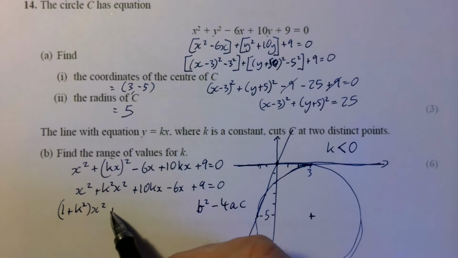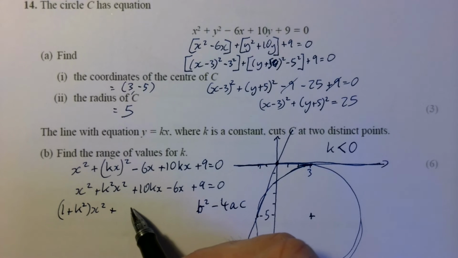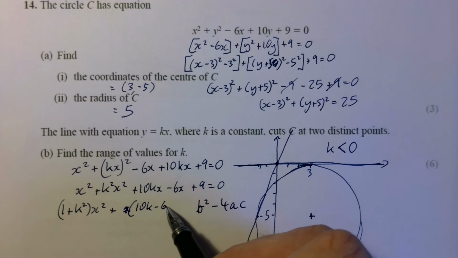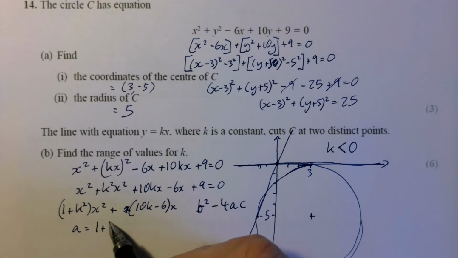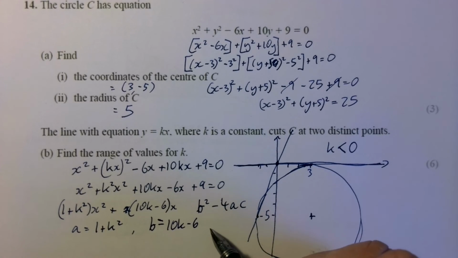And what would our coefficient be here? It would be 10k take 6, and then we've got plus 9. So A equals 1 plus k squared, B equals 10k take 6, and C equals 9.